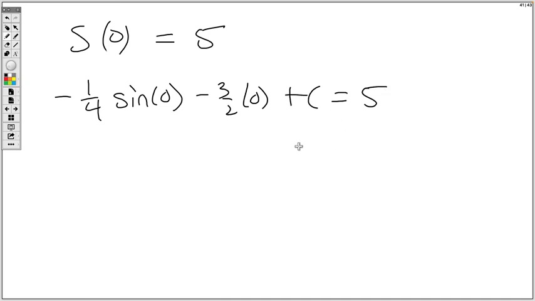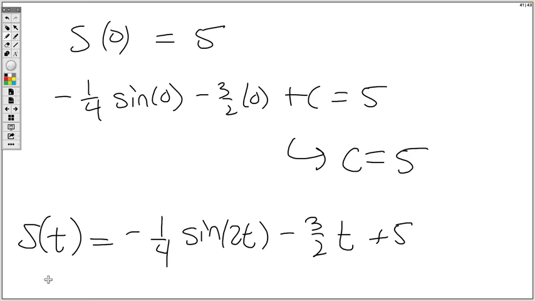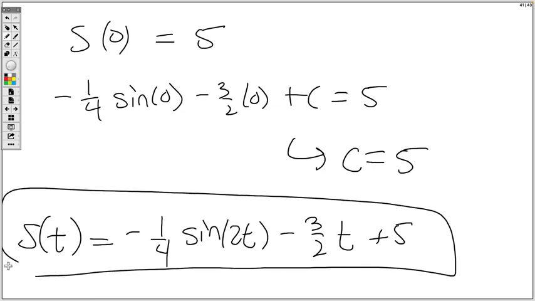So everything zeroes out, and I actually get my constant itself is 5. And so my final answer here, minus 1/4 sine of 2t minus 3 halves t plus 5. Now once again, if you're going to check these on Desmos by taking derivatives, you want to make sure you use your variable as x.